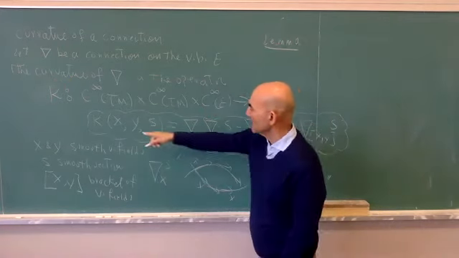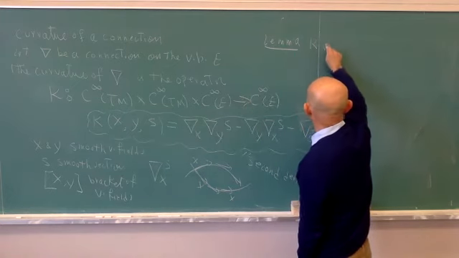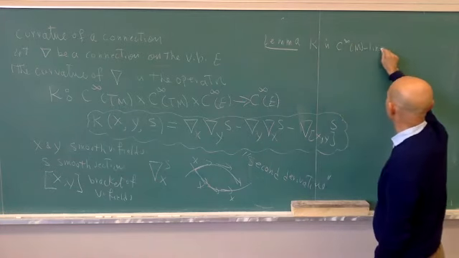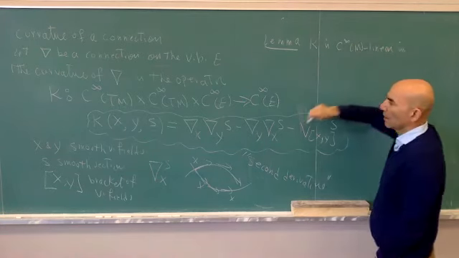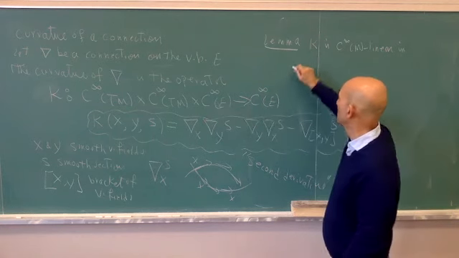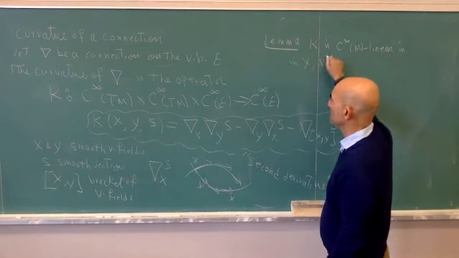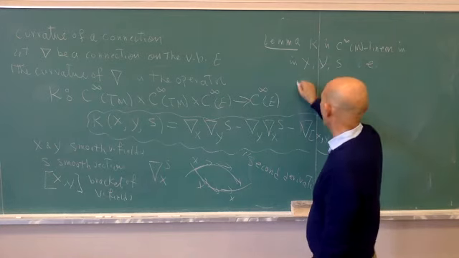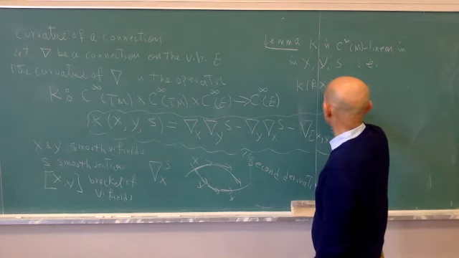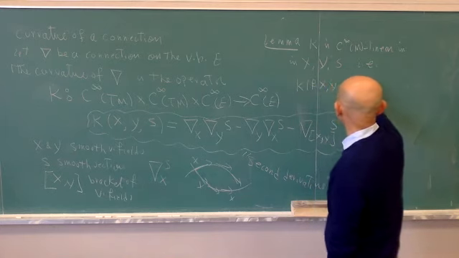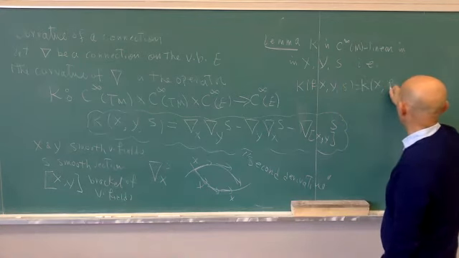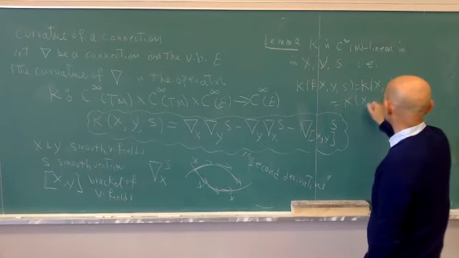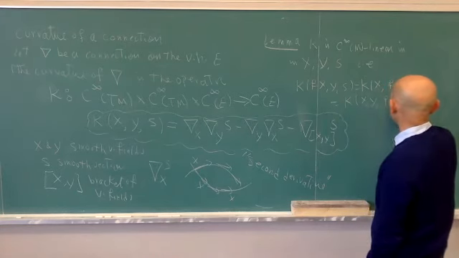The lemma is that this K is C infinity of M linear in all three variables x, y, s, i.e., nabla, so K of fx, y, s is equal to K of x, fy, s, equal to K of x, y, fs.